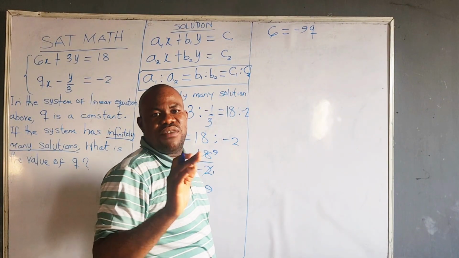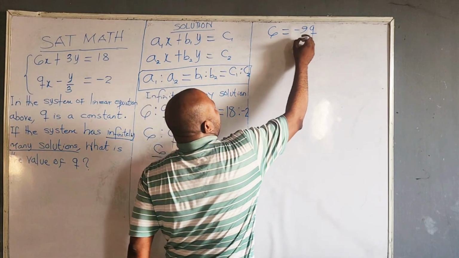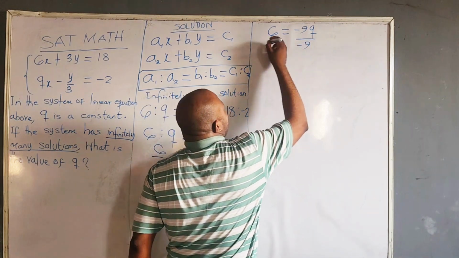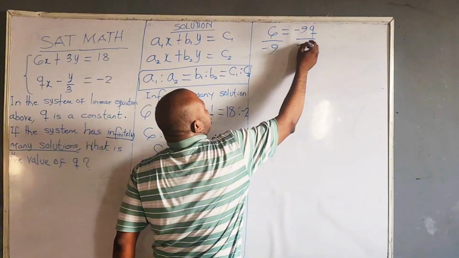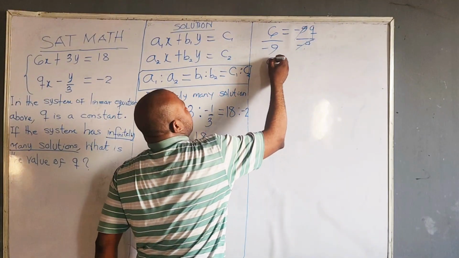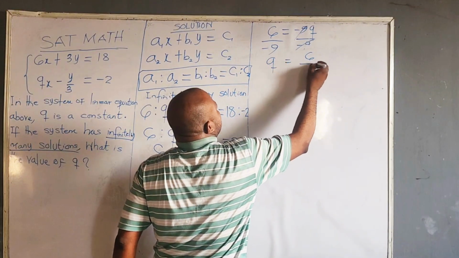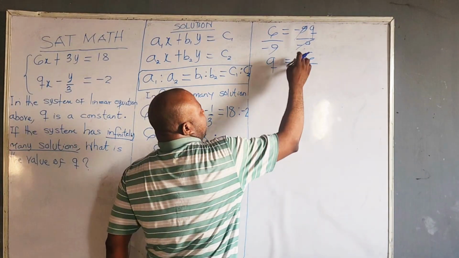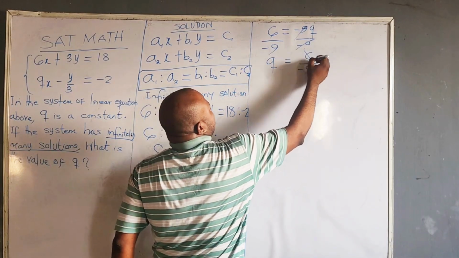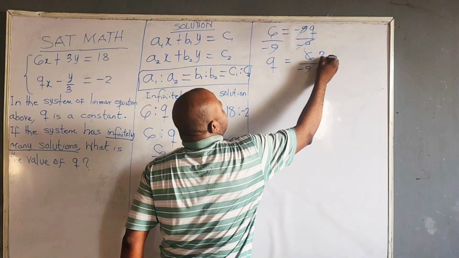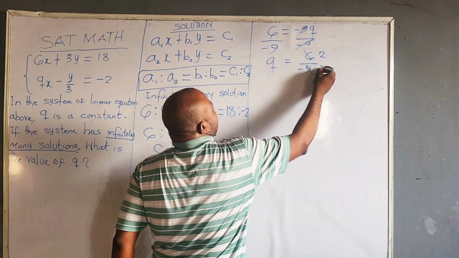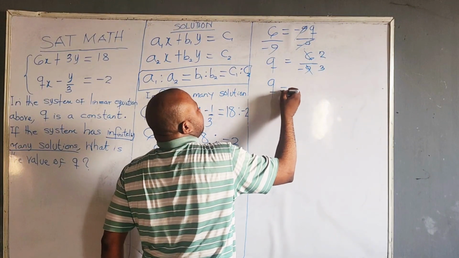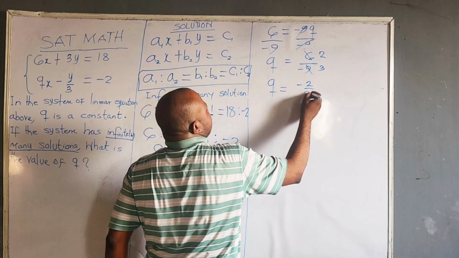Because I am told to find the value of q, I'll divide both sides by minus 9, so q is 6 divided by minus 9. There's a multiple that can divide them: 6 divided by 3 is 2, 9 divided by 3 is 3. So the value of q will be minus 2 over 3.